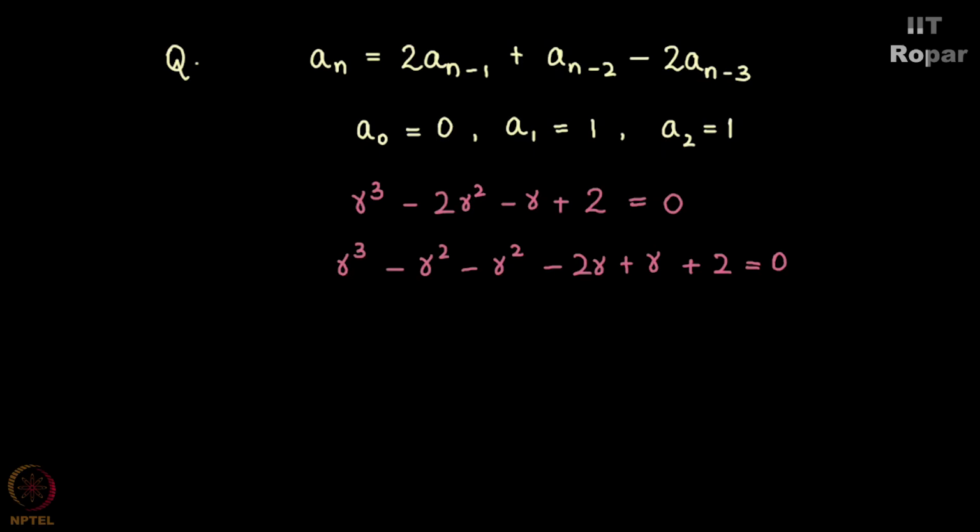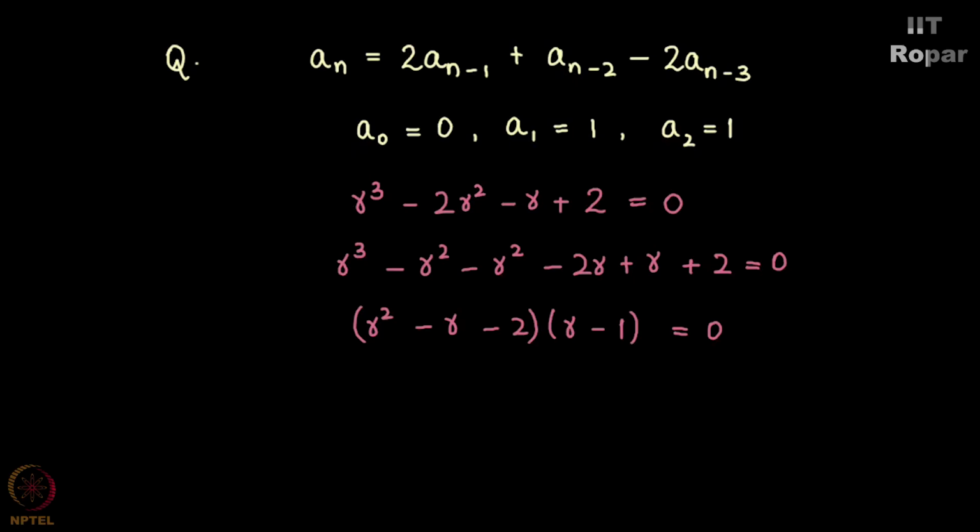Now, what I observe is r square minus r minus 2, if I can take it out common, that is, I've done some jugglery and I've got r square minus r minus 2 into r minus 1 equals 0. So if you multiply these two polynomials, you will get the given equation, which is r cube minus 2r square minus r plus 2 equals 0.